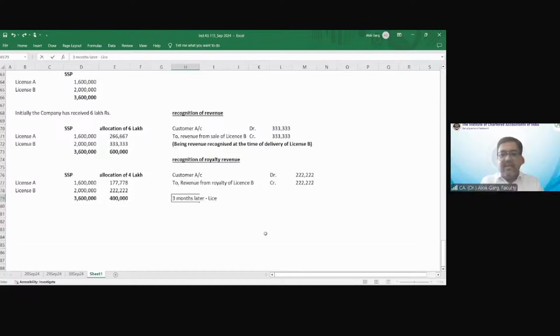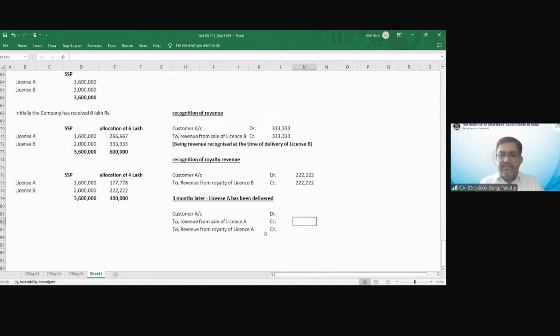3 months later, license A has been delivered. Now I need to recognize revenue. Customer account debit to revenue from sale of license A, to revenue from royalty of license A, right? Credit.